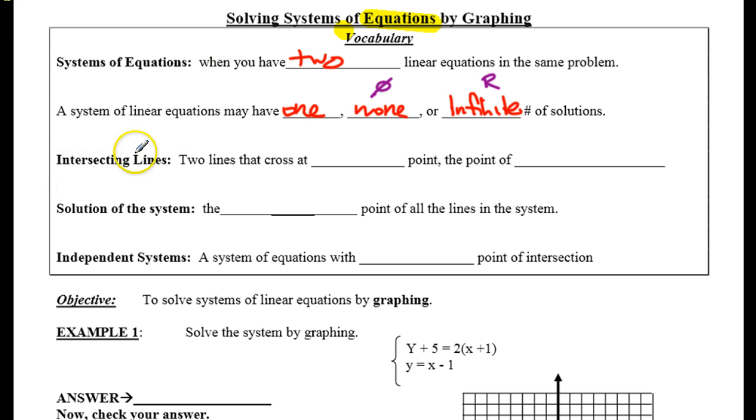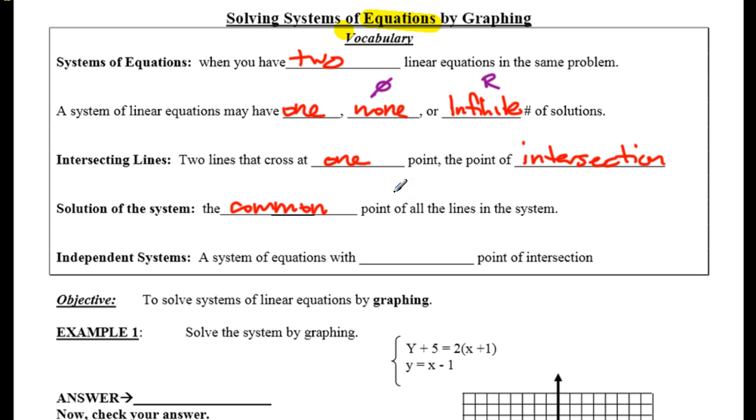Alright, now the intersecting lines. Two lines that cross at one point is called the point of intersection. Alright? So when you have intersecting lines, the point at which they cross is the point of intersection. The solution of the system, or the answer of the system, is going to be the common point of all lines in the system.